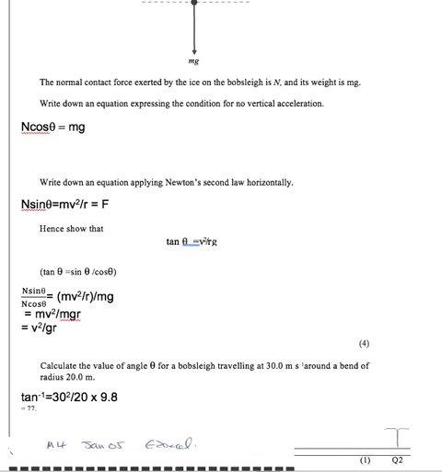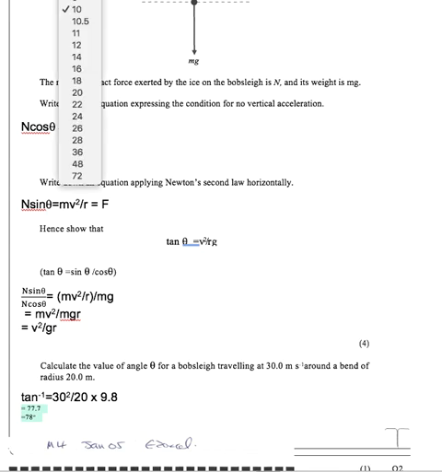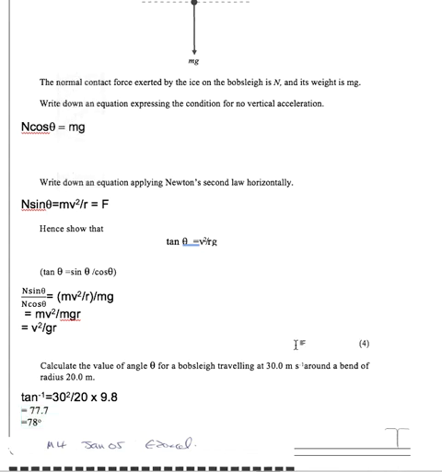We do know g to 3, 77.7, I think 78 degrees to 2 sig figs, because we're only given g to 2 sig figs. 78 degrees. There it is.